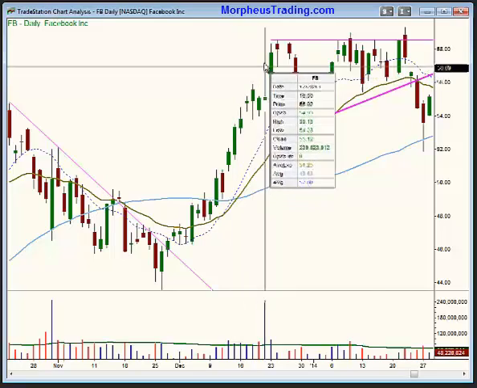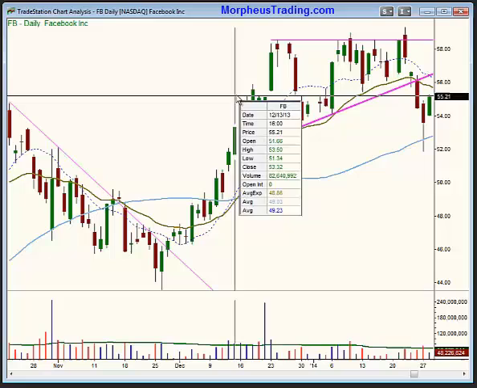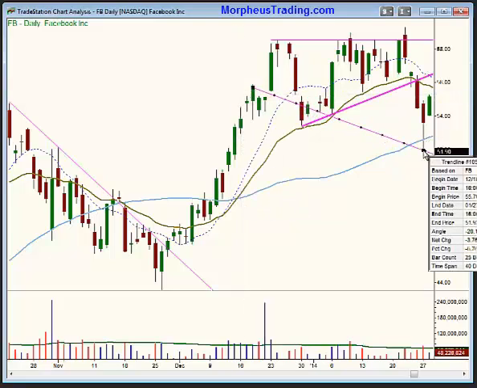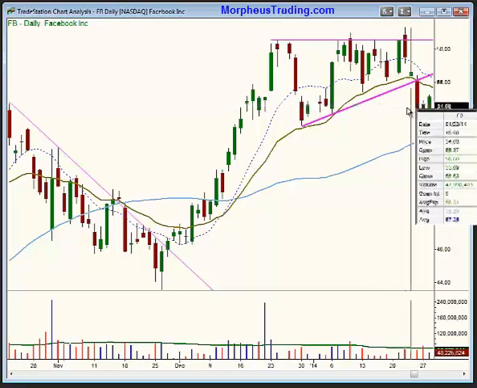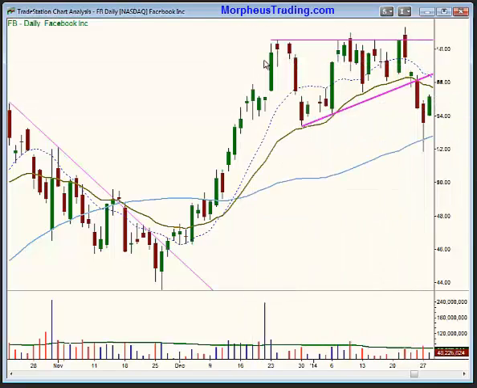So if you did buy the breakout to new highs up here, you had to have about a 7% stop in place. Any kind of stop between 5 and 10% is going to be decent for this type of trade, but obviously the tighter the better. But having a stop around 7% away isn't that bad, but it sure is a lot of shakeouts to sit through, especially when you're buying up here.